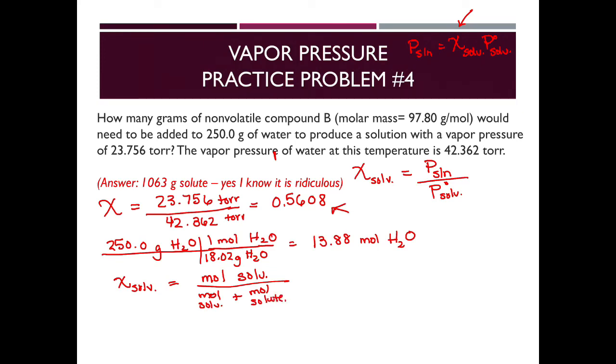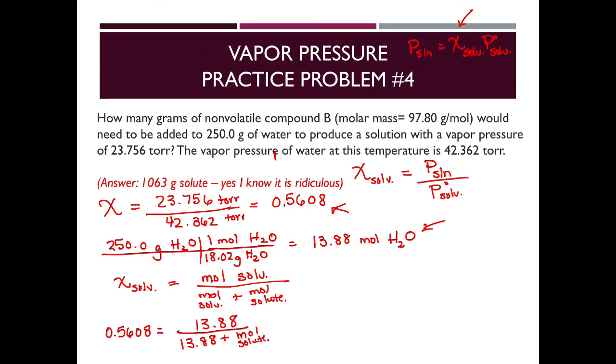We have the moles of our solvent, so we can solve this for moles of our solute. Plugging this in, 0.5608 is equal to our moles of solvent over our moles of solvent plus moles of solute.